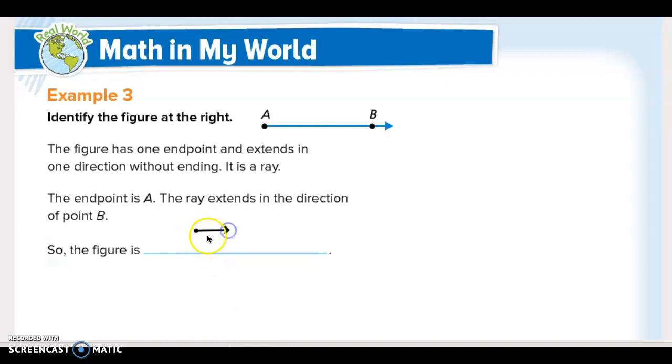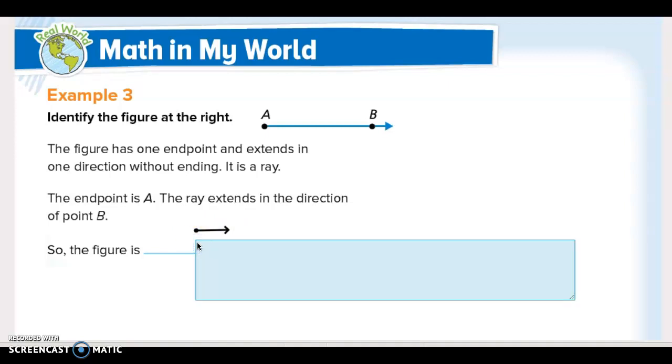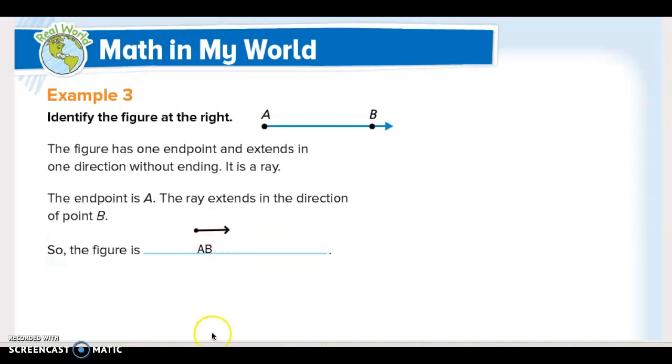I draw my ray, so I have an endpoint and an arrow. And now I need to name it. It is ray AB. I start with the endpoint, A. So when I name a ray, I draw my points, the points that are on it. First point is my endpoint, and then the one that's shooting out towards the rest of the line is B. Above it, I make a ray symbol.